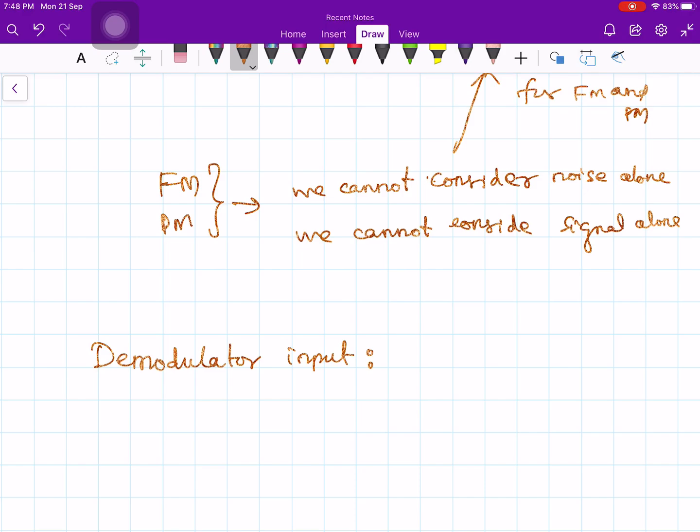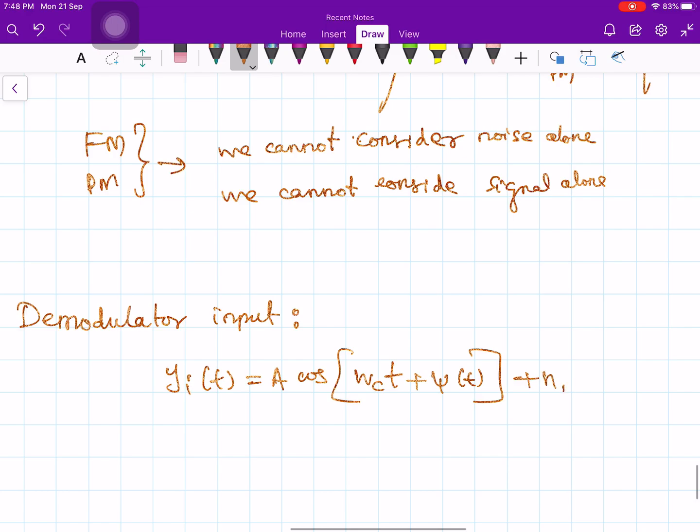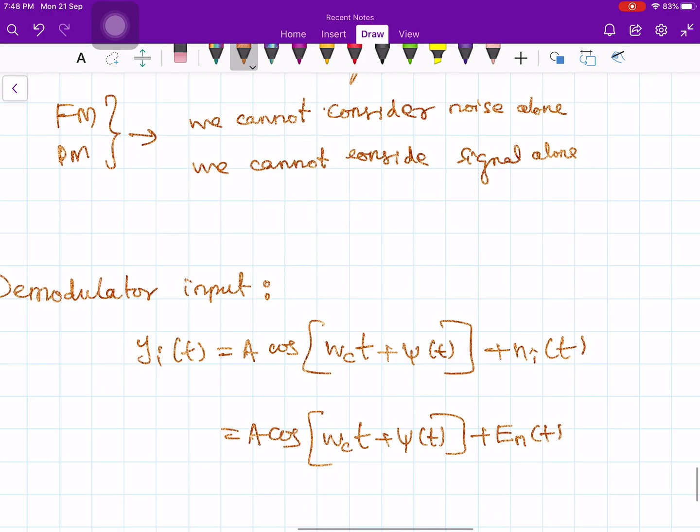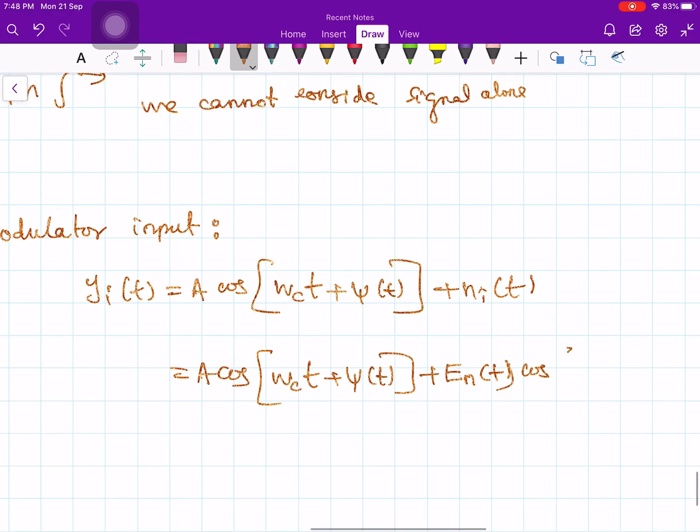So your yi of t, which I already wrote, is A times cos of omega c t plus psi of t, plus ni of t. Now ni of t is E suffix n of t multiplied by cos of omega c t plus theta suffix n of t. That's it.